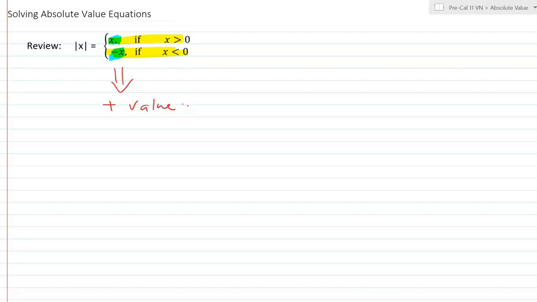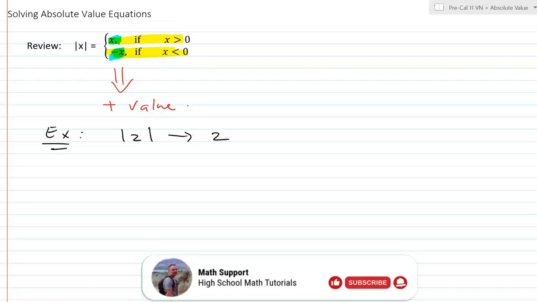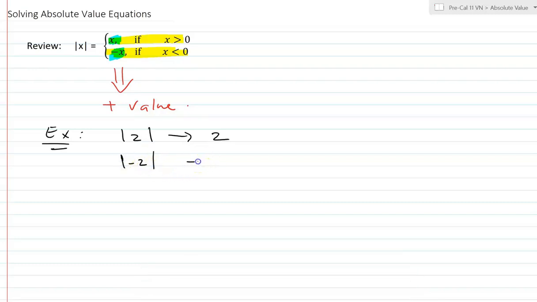As an example, just quickly, remember, the absolute value of 2 is 2. Very easy. But if we are dealing with the absolute value of minus 2, we have to get 2.